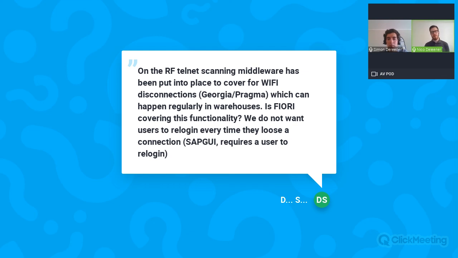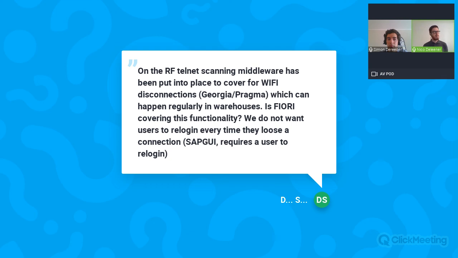Okay, so Fiori does not cover the loss of connection because it is a web application, of course. And you have mobile services where you can incorporate offline usage and offline scenarios, but that isn't in the package. There are other options to consider.